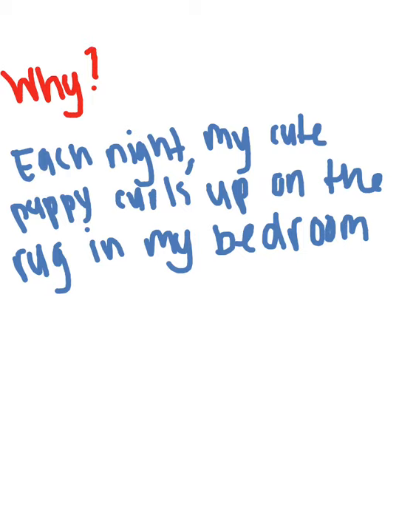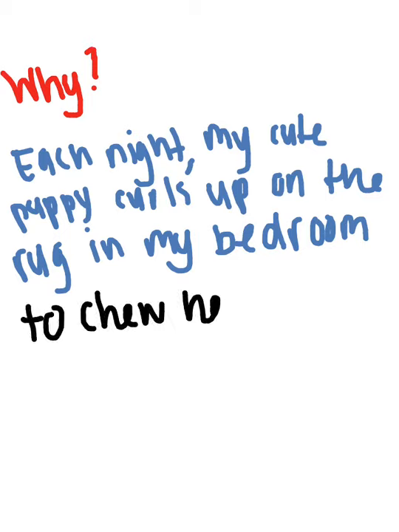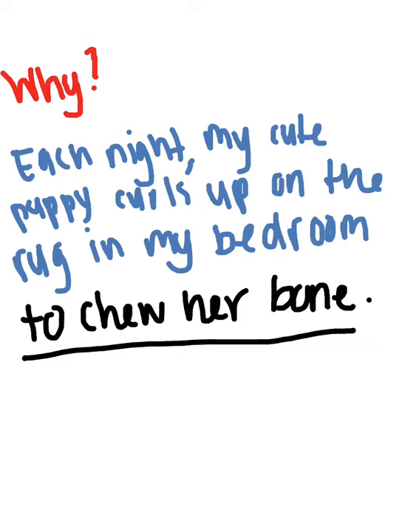Okay, so each night my cute puppy curls up on the rug in my bedroom to chew her bone. Okay, so this answers why she's doing that. Well, she does that because she chews her bone there. That's her safe place.